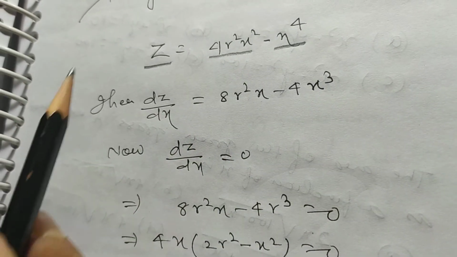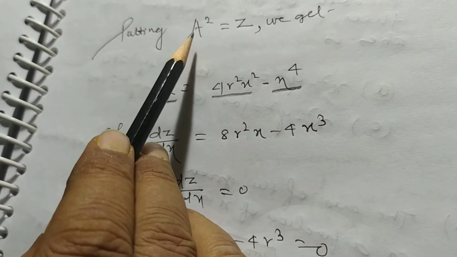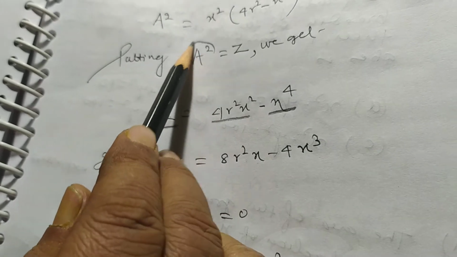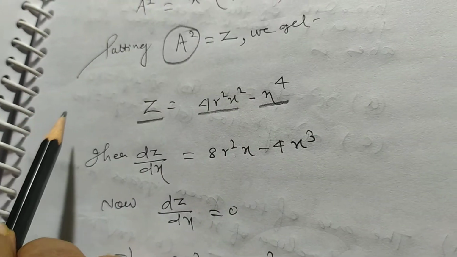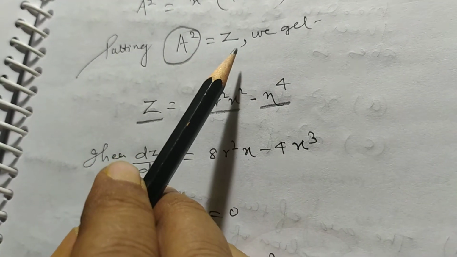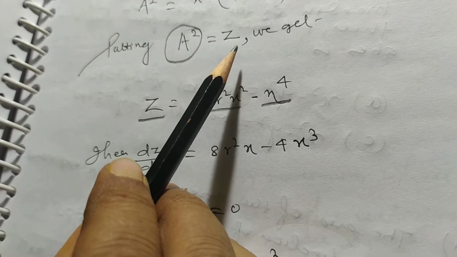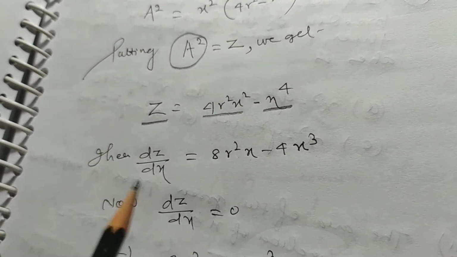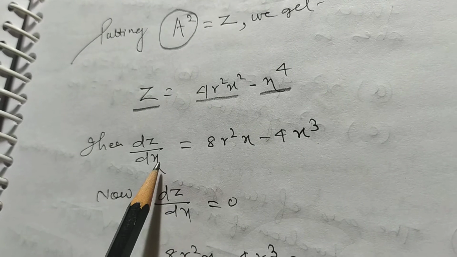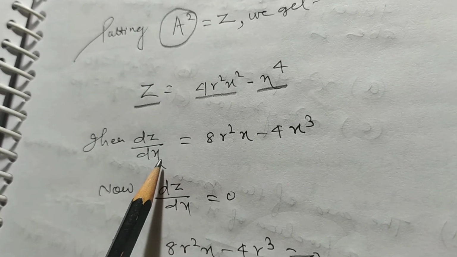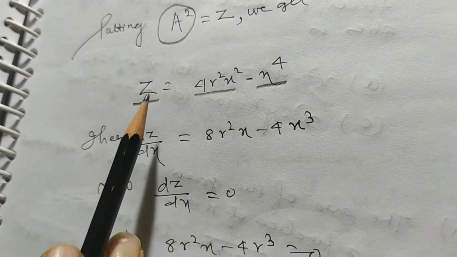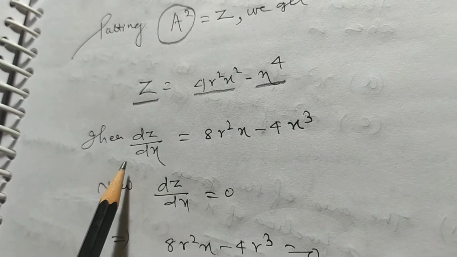Now, for our convenience, we consider A square. A square is a new variable, z. So for the simplification of the differentiation, we consider A square is equal to z.